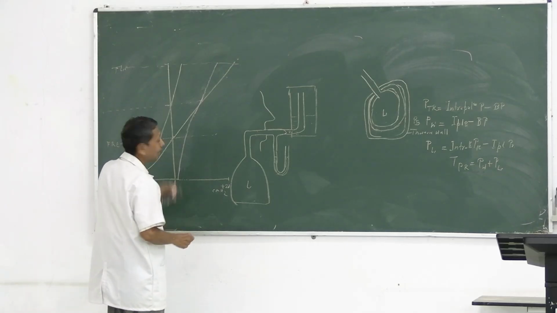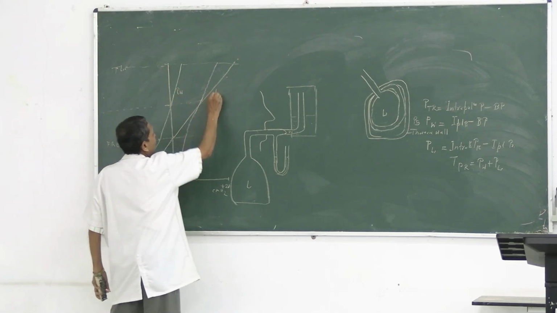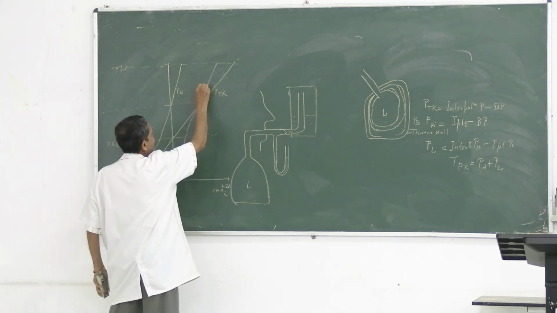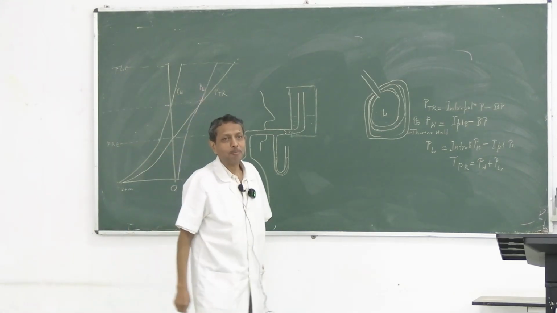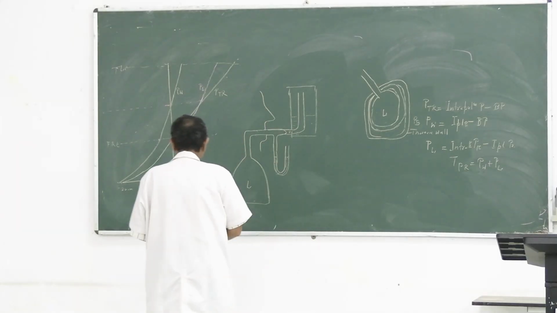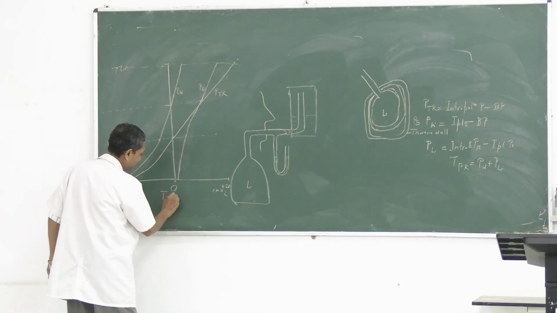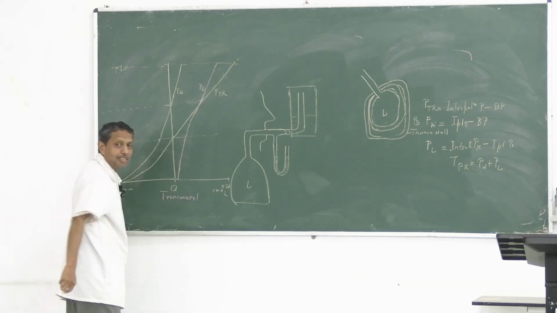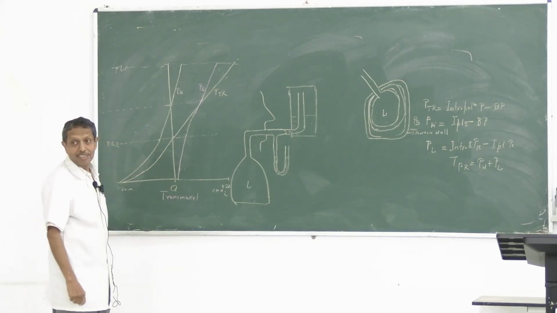So there are three curves: this is PW, this is PTR, the total respiratory system, and this is PL. These are the pressure volume curves of three structures, and this is the transmural pressure.